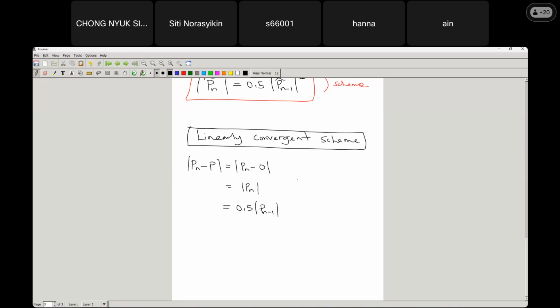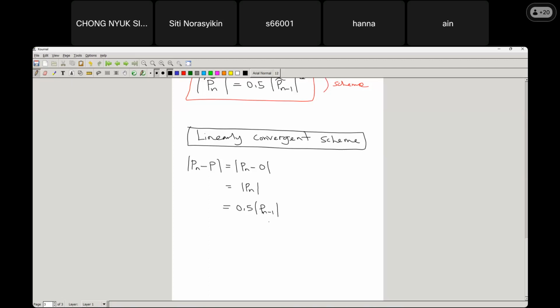Whatever numerical method, you are usually given an initial value or asked to guess your initial value, so we always have the information of the initial value. Pn we do not have information about, and Pn can be an arbitrary number, so we try to write it in terms of P0.